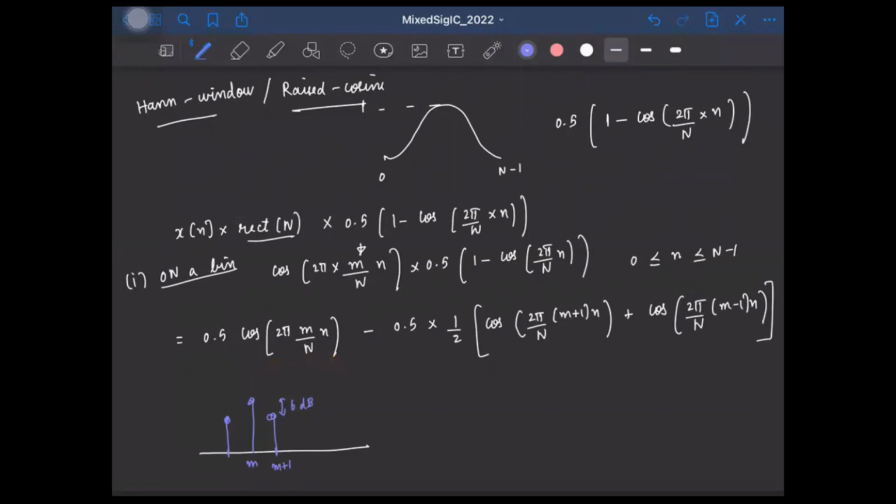Okay. So what does this mean? Well, when we took just a rectangular window, and the input was falling on a bin, we just had one impulse at m. Now compared to that, when we use the Hann window, what happens? The signal spills over to 3 bins.